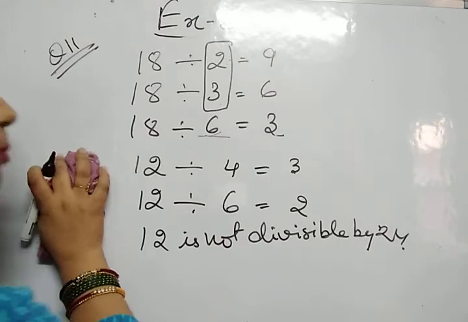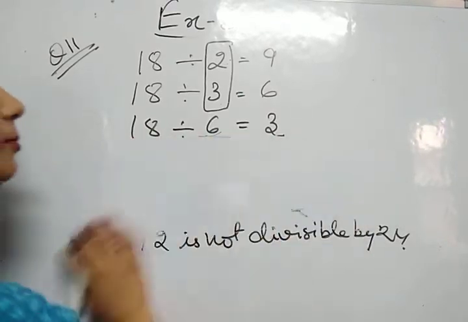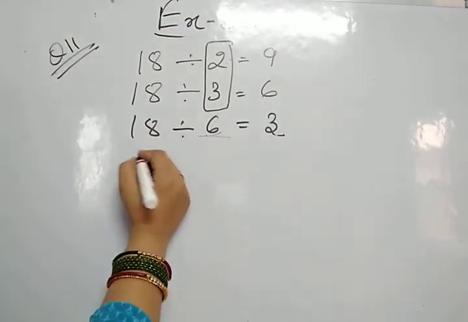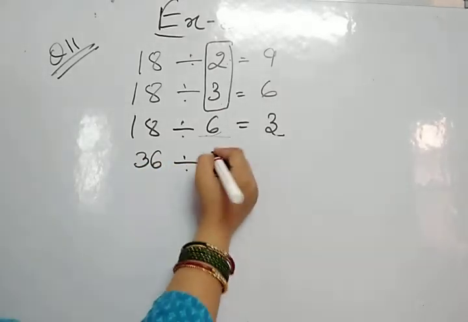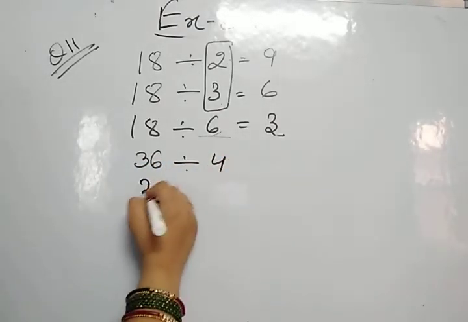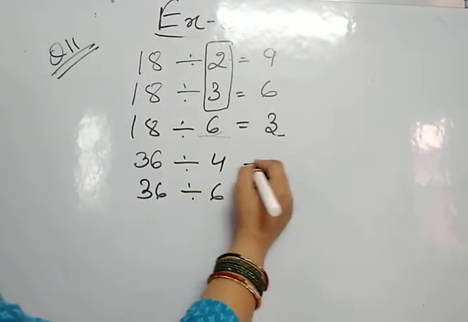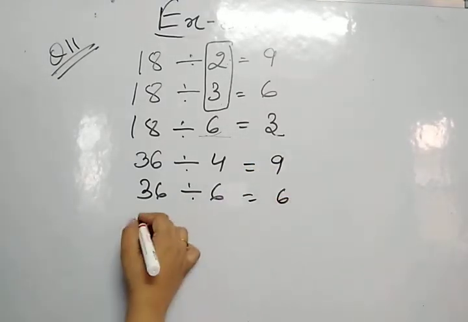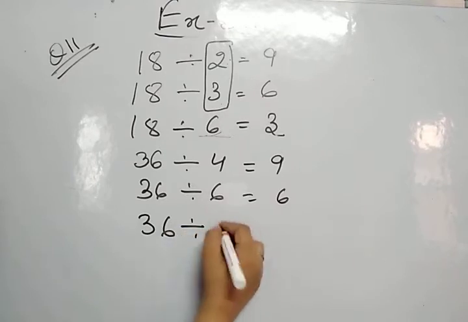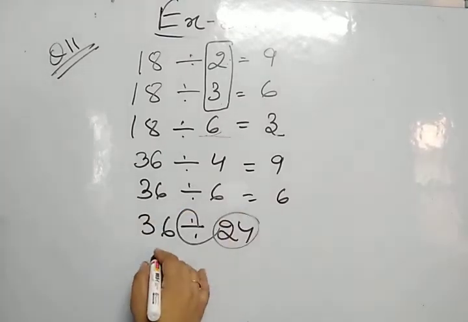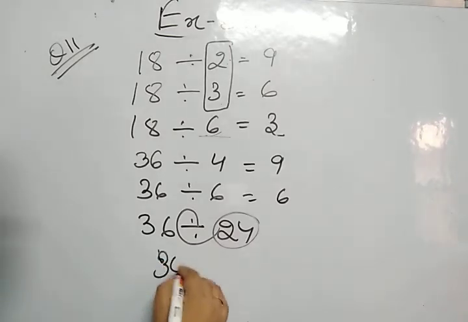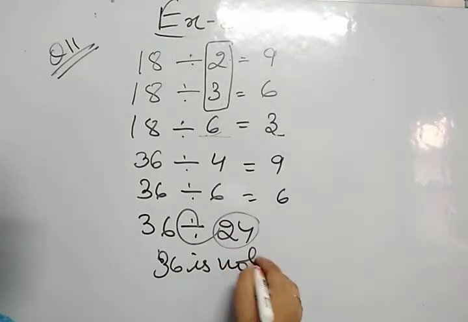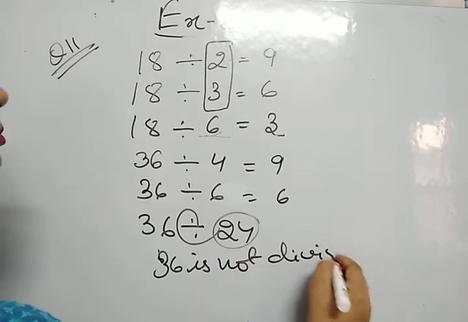We can take one more example here, like 36. 36 is divisible by 4. 36 is divisible by 6 also, but 36 is not divisible by their product, meaning 24. It is not divisible by 24.